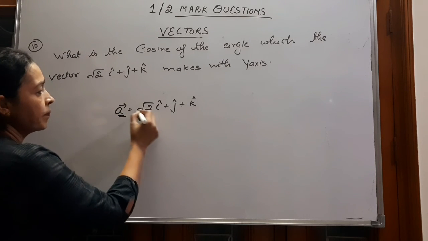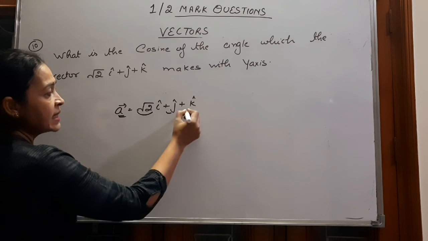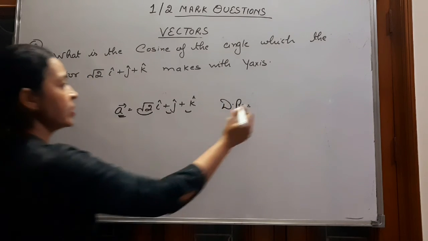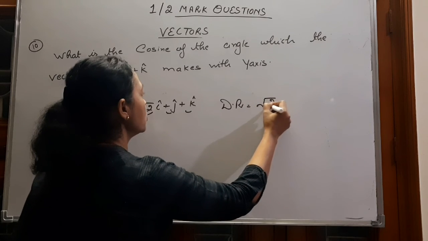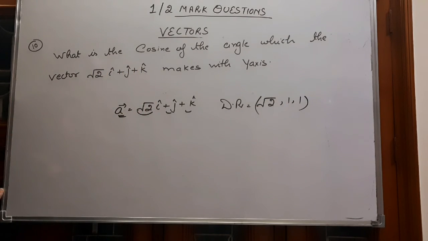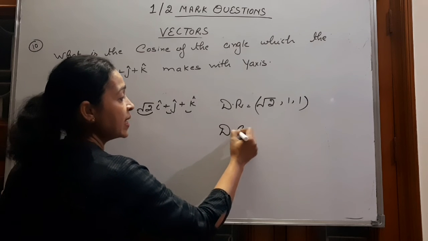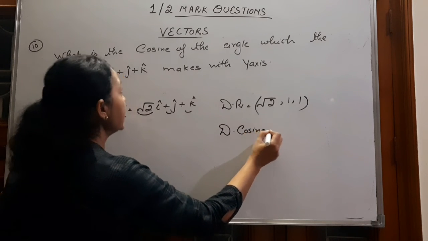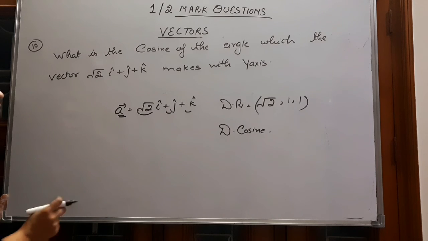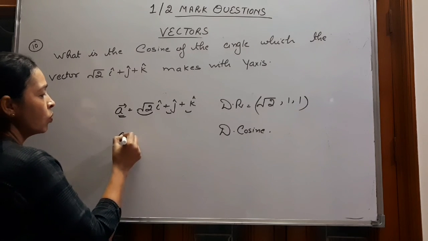The components of i, j and k are direction ratios of this vector. The direction ratios of vector A are root 2, 1 and 1. These are direction ratios. We want direction cosines. We have to find the cosine which this vector makes with the y-axis.